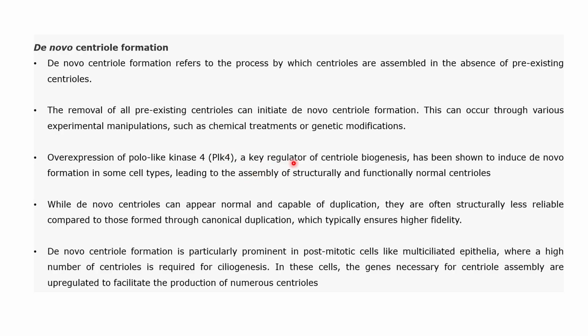This leads to the assembly of structurally and functionally normal centrioles, which in turn lead to formation of centrosomes. That's why polo-like kinase 4 is considered a key regulator of centriole biogenesis.